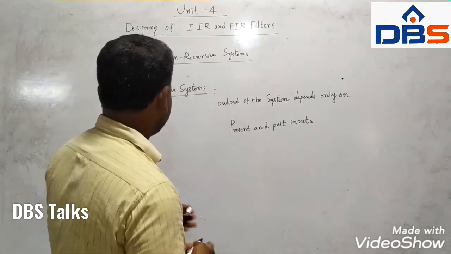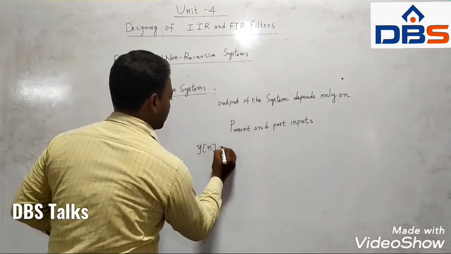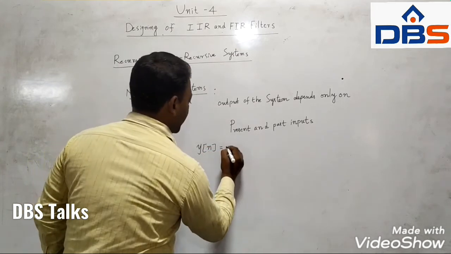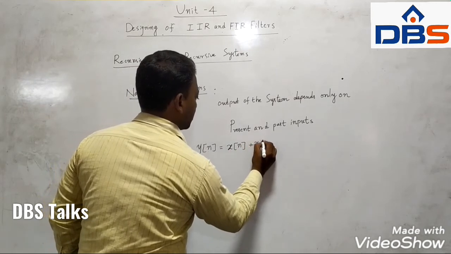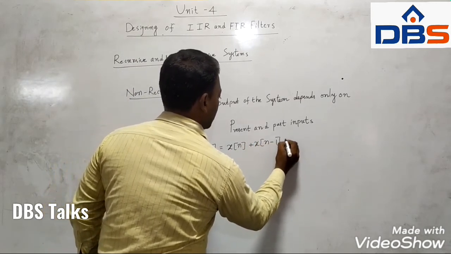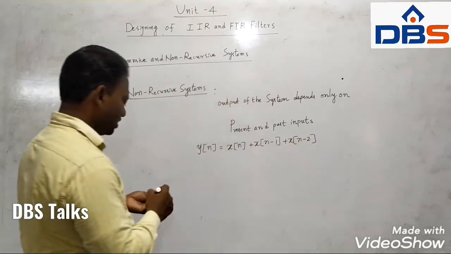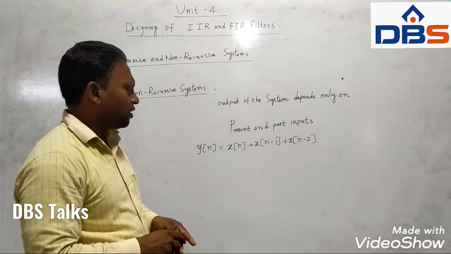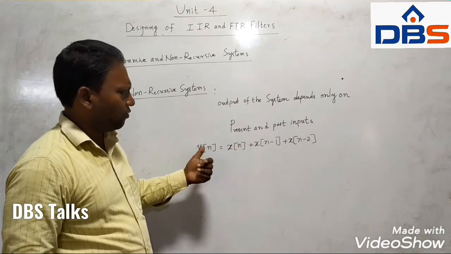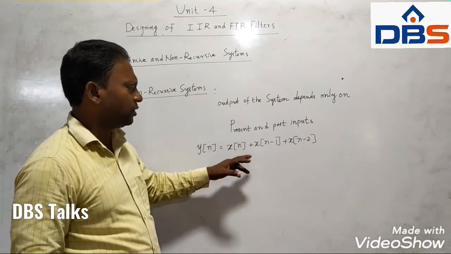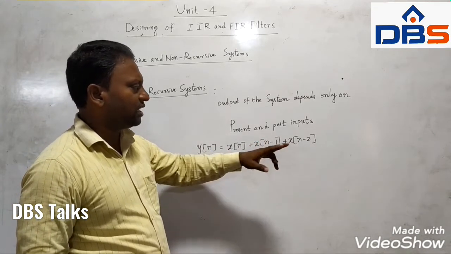Okay. So for example, if the present output depends on present inputs and past inputs. Suppose this is a difference equation which shows the relation between the input and output, where y of n is the present output, x of n is the present input, x of n minus 1 is the delayed input, x of n minus 2 is the delayed input.